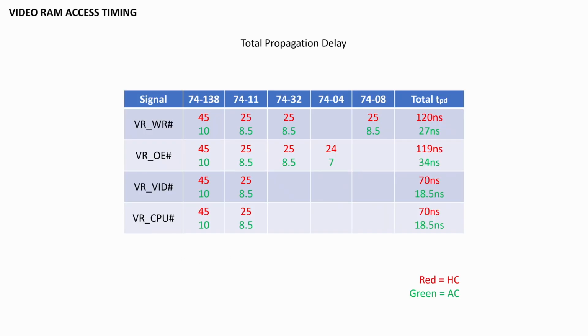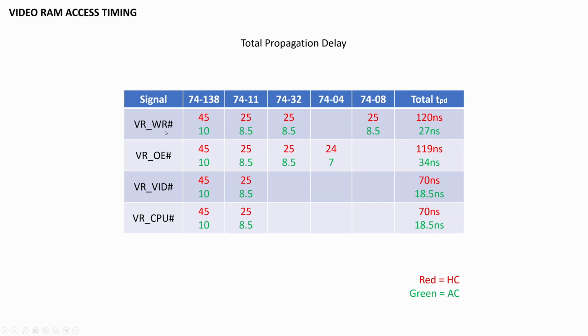Now what I've done is I've added up all of those potential propagation delays. All of the signals will have to go through the 138 chip, so I've included that in all of them. They will also all have to go through the 7411 chip. The write signal and the output enable signal have to go through the 7432 chip.